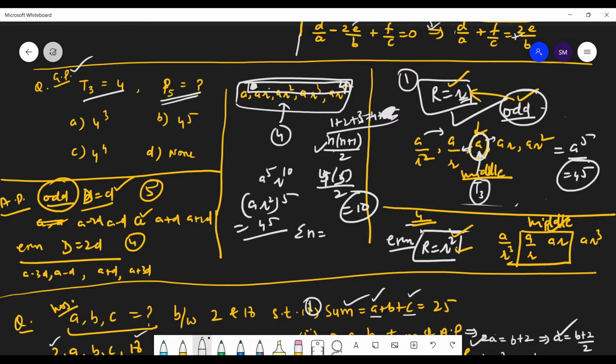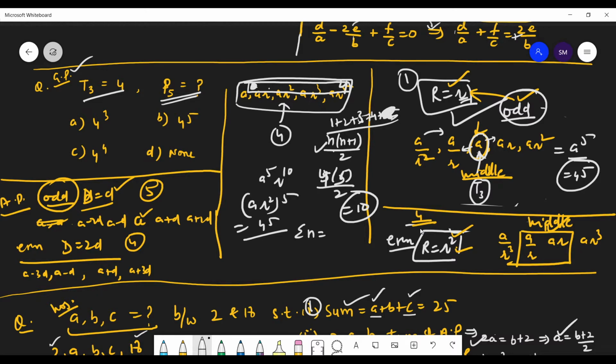See, they will be in GP if we prove that, because that is the condition for GP. But I think they are not in GP, because 27 can be written as 3 into 3 into 3, whereas 8 is 2 cubed and 12 is 2 into 2 into 3.